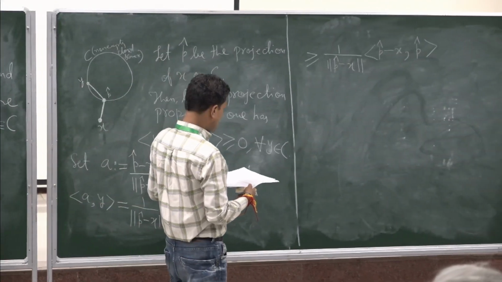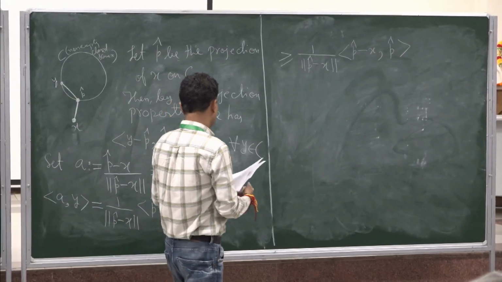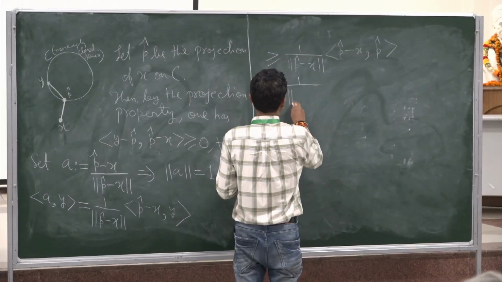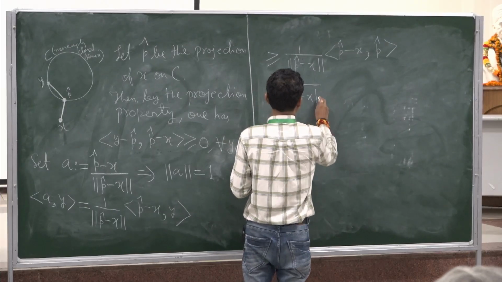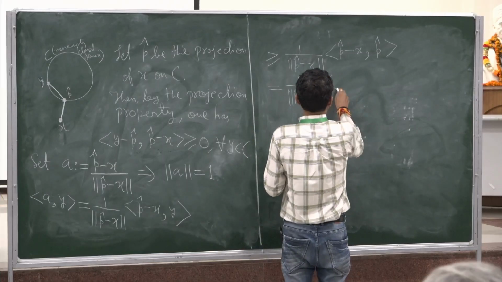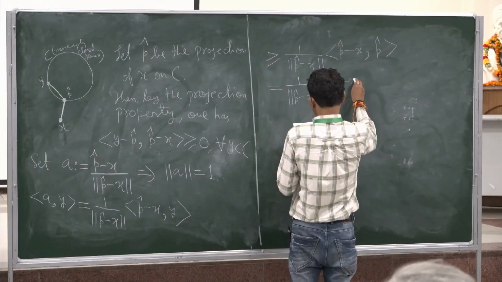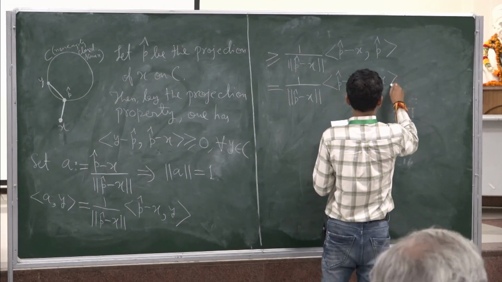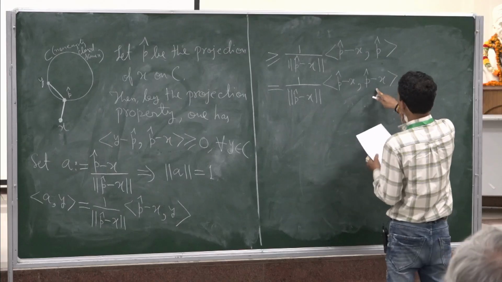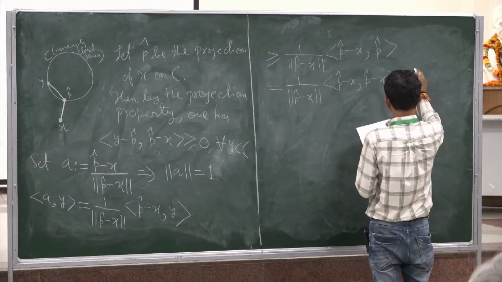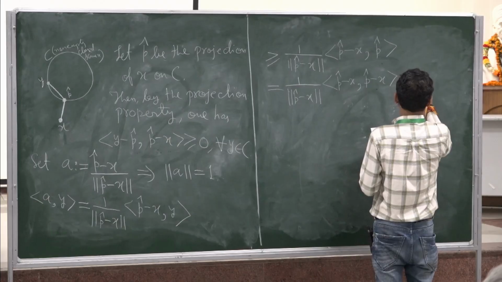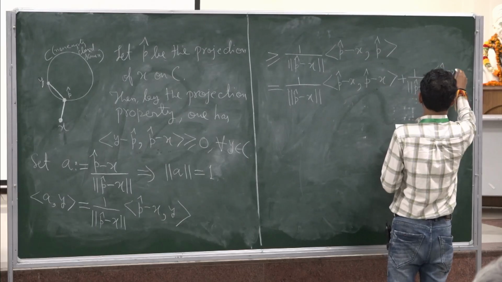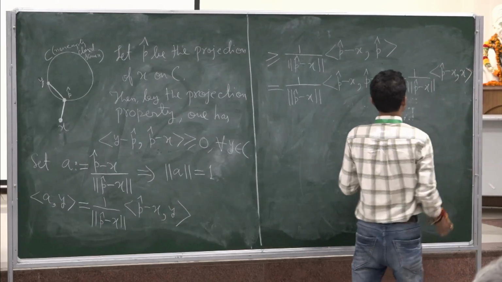But what is this number again? This can be rewritten as 1 over the norm of p hat minus x, times the inner product of p hat minus x and p hat. Because we are subtracting this number, we can again add it, so we get p hat minus x and p hat minus x plus x, right?